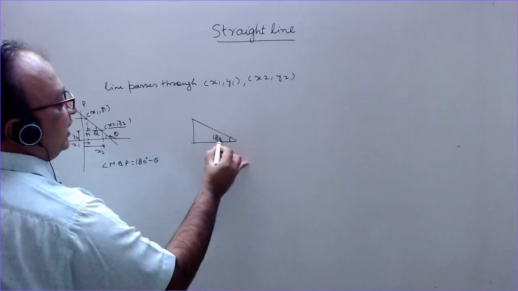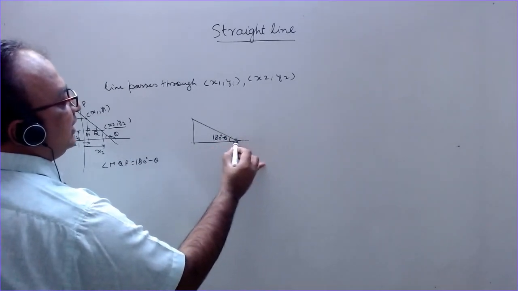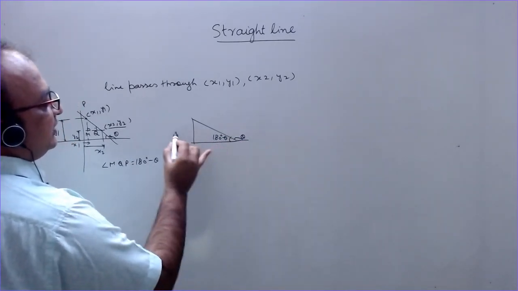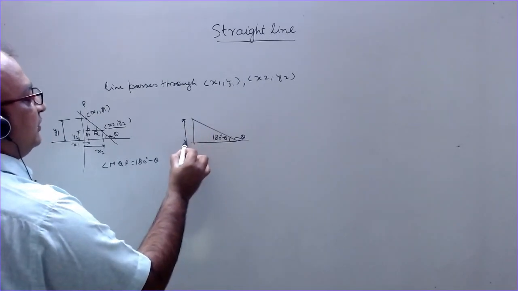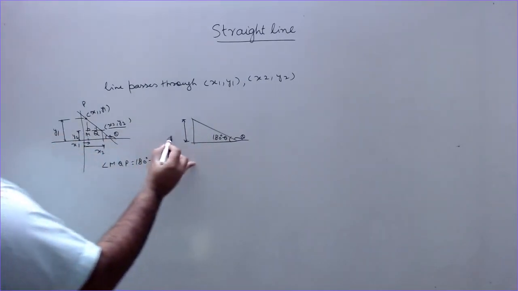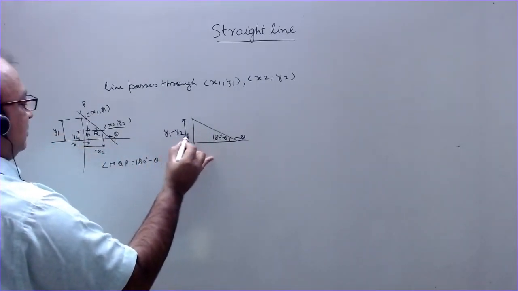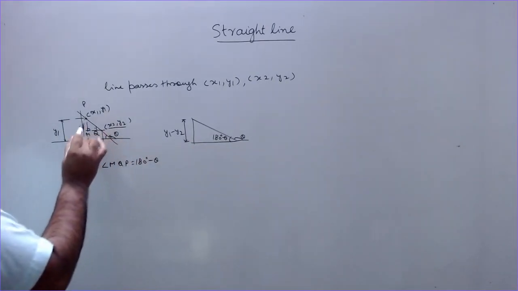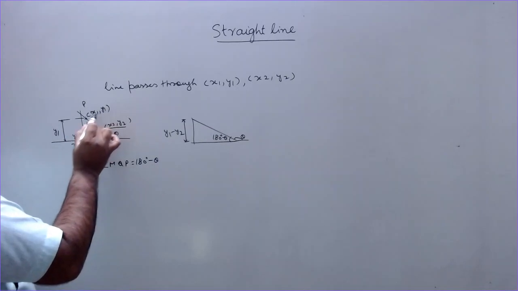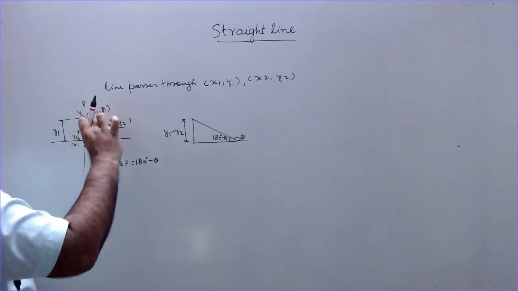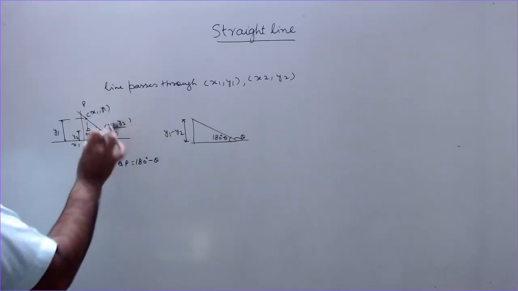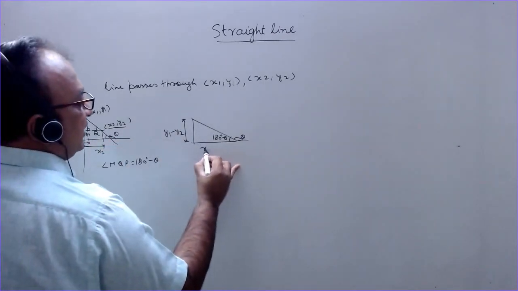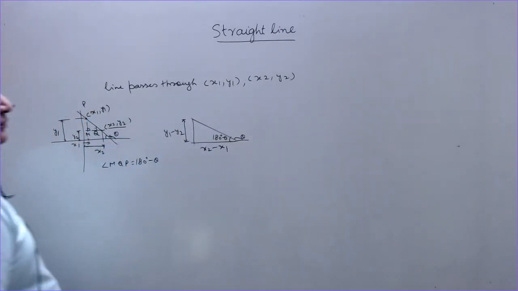This is 180 minus theta and this angle is theta with positive x-axis, and this height of this triangle is y1 minus y2, and this will be x2 minus x1.